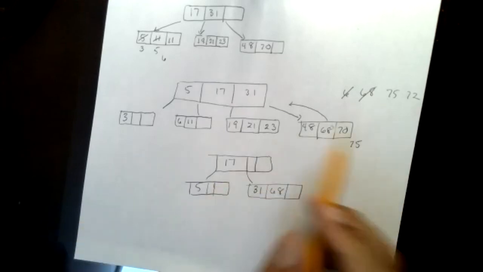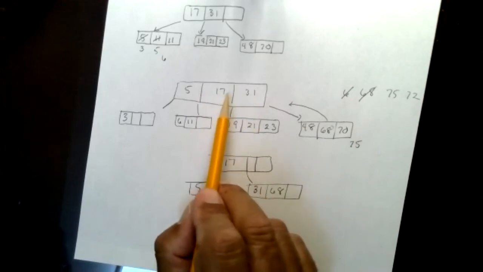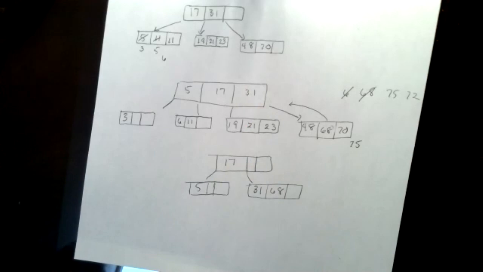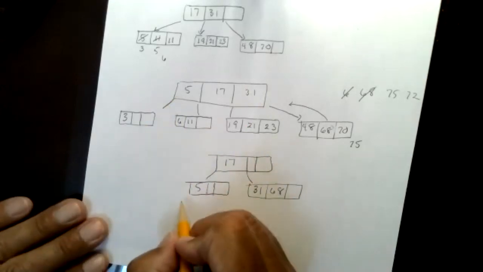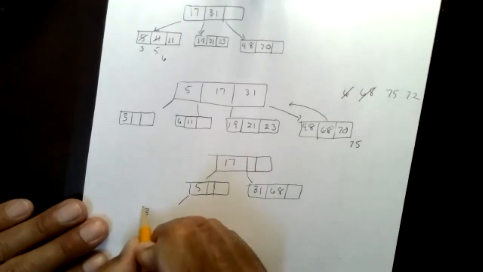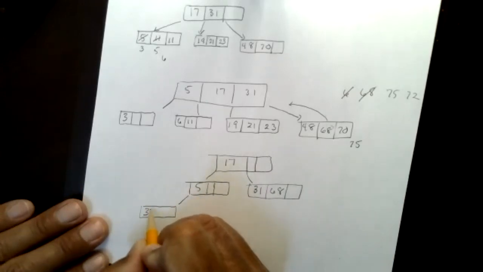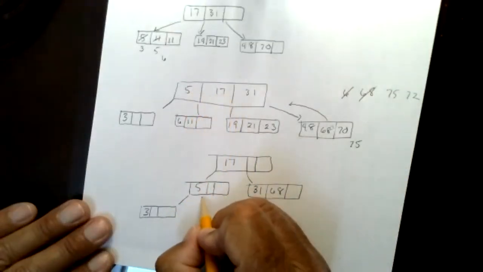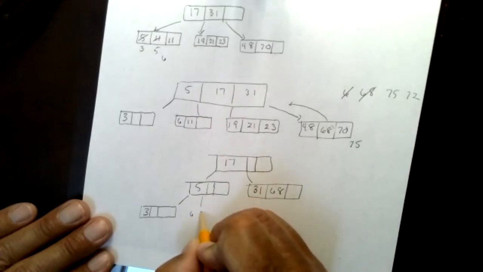So again, just breaking it down. If I tried to add 68 to this, 17 would stay, 5 would go to the left, 31 and 68 to the right. What was attached to 5? 3. What was greater than 5 would be 6 and 11.